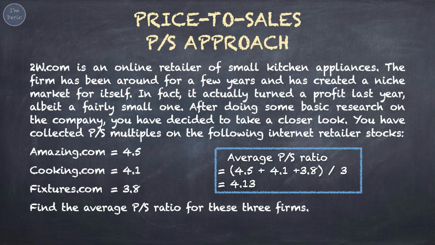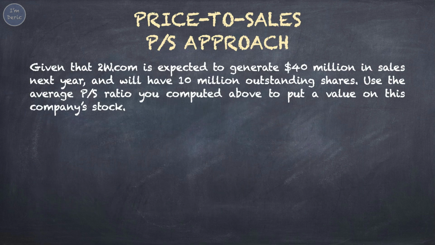To get the average PS ratio, we take 4.5 plus 4.1 plus 3.8 over 3, then you will get 4.13. Next part of the question. Given that 2W.com is expected to generate $40 million in sales next year, and will have 10 million outstanding shares.